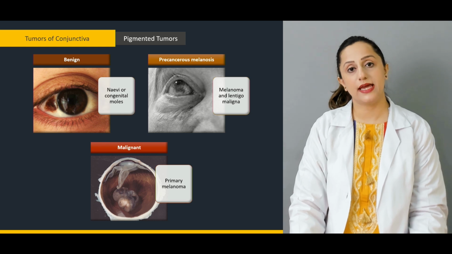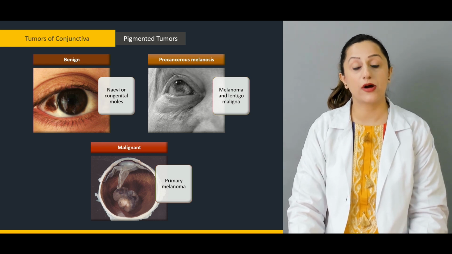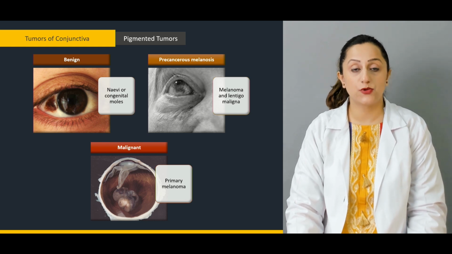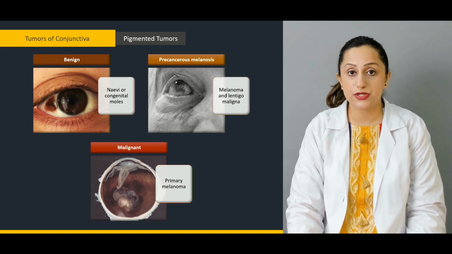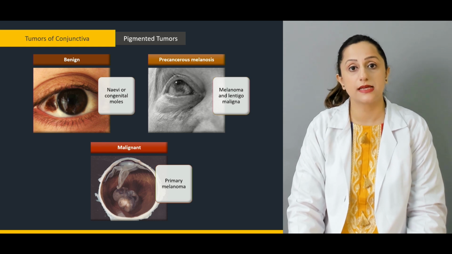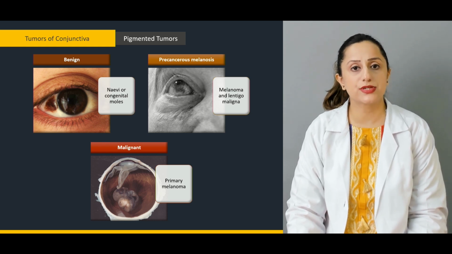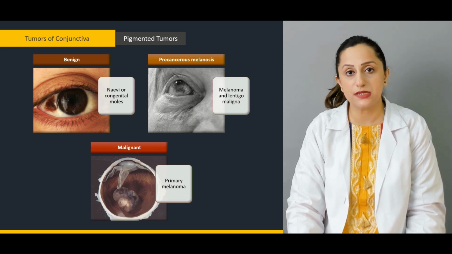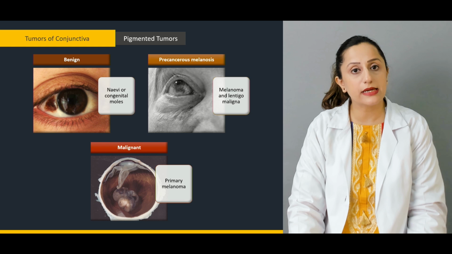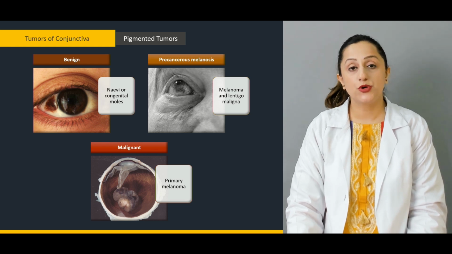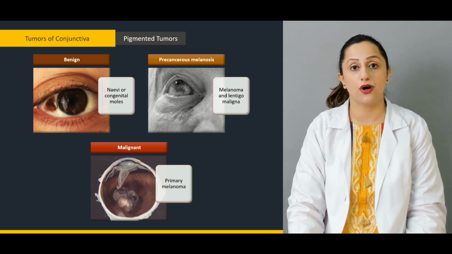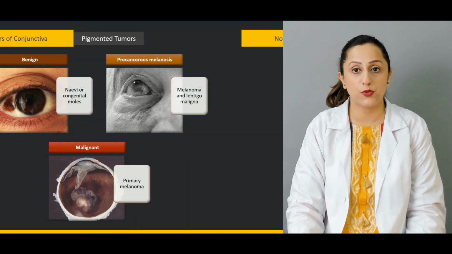Again, we would take the history from the patient for how long the condition has been there. Were there any risk factors that made the person prone to the development of this precancerous or cancerous condition? Family history, environmental history, any history of chronic inflammations would make the person more prone to the development of cancerous or malignant conditions.